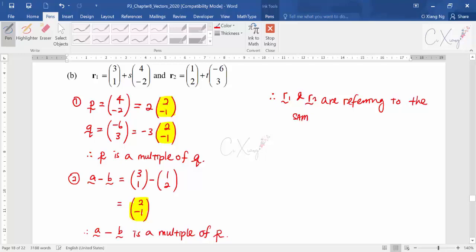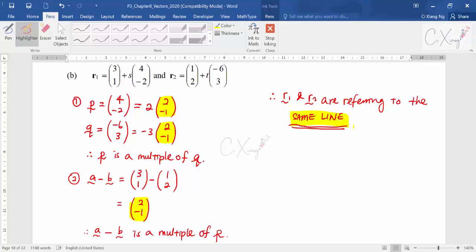Although the vector equations look different, they are actually the same line because you are using different passing points. So you will see that the vector equation is not unique. I hope that by referring to the diagram at first, you roughly have the idea of what criteria you need to go through and check first.